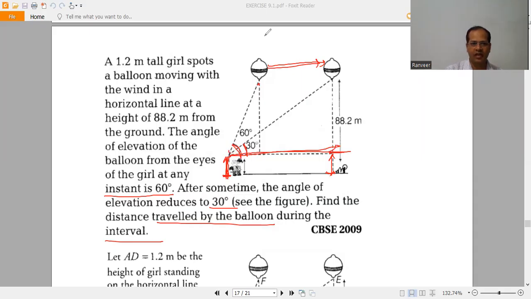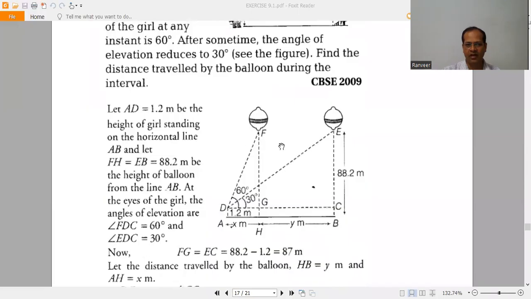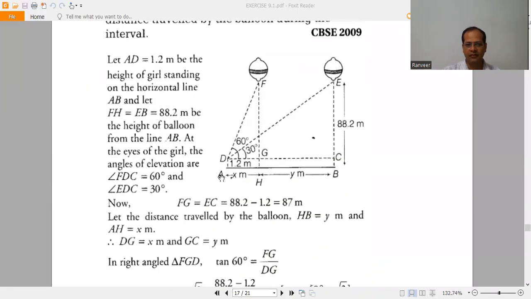Now, in this question, what the value is given in the diagram, we can write here AD equal to, this is the value A and D. This is the height of the girl standing on the horizontal line AD. FH equal to EB equal to 88.2.